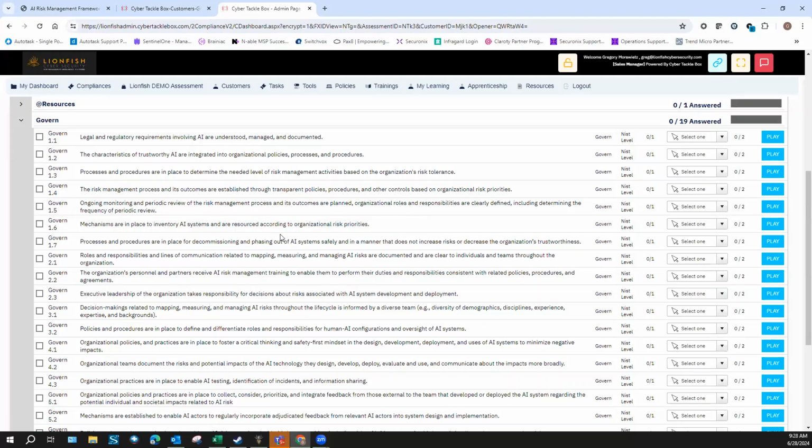Processes and procedures are in place for decommissioning and phasing out of AI systems safely and in a manner that does not increase risk or decrease the organization's trustworthiness. So if you have 10 servers that are your AI core, and you need to decom a few of those machines because they're at end of life, or they're no longer supported, or they're not strong enough, and you're going to replace them.